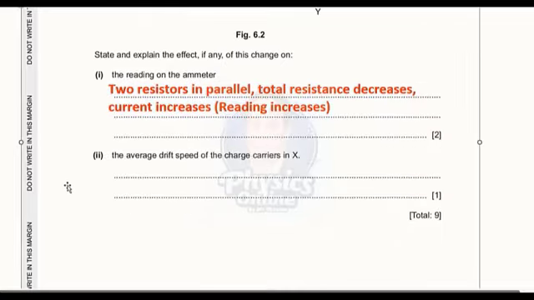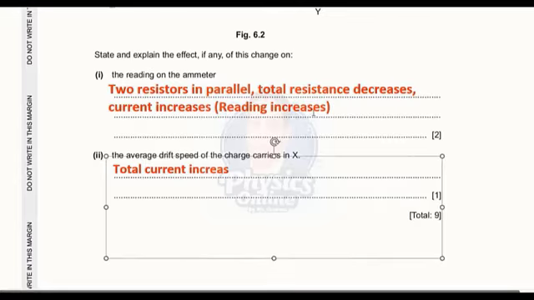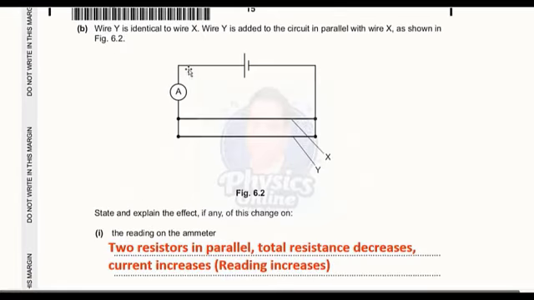What's the effect on the average drift speed of the charge carriers? The total current increases as we concluded here, but this is the main current, and in the wires X and Y the current is divided equally between them.